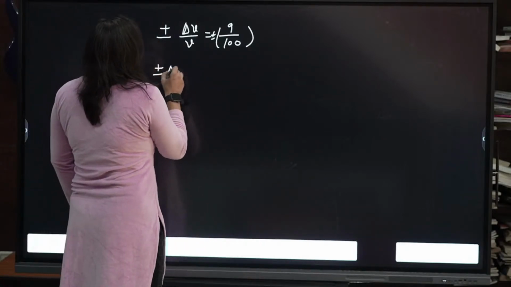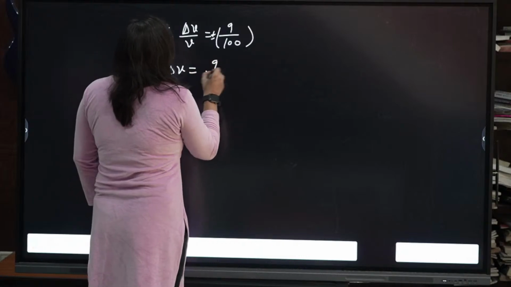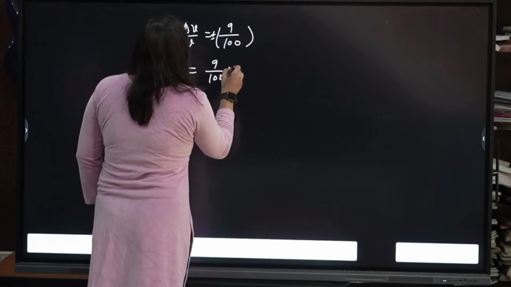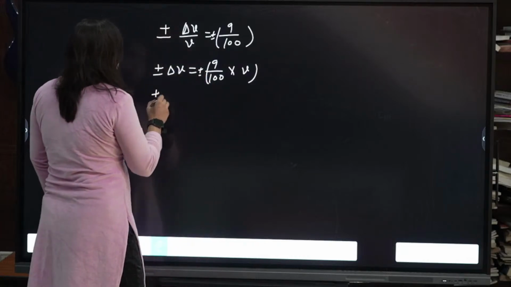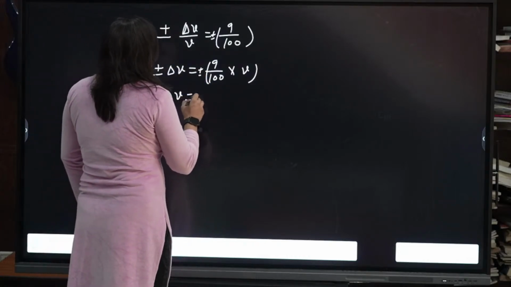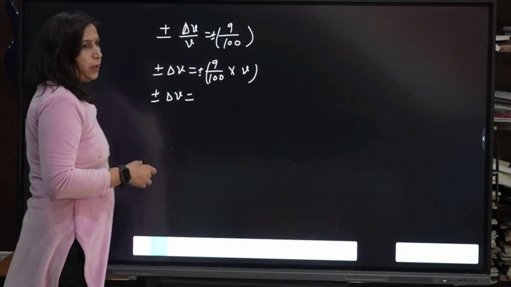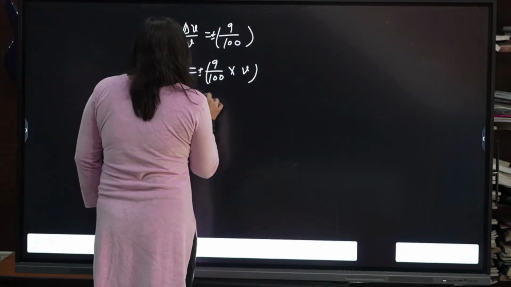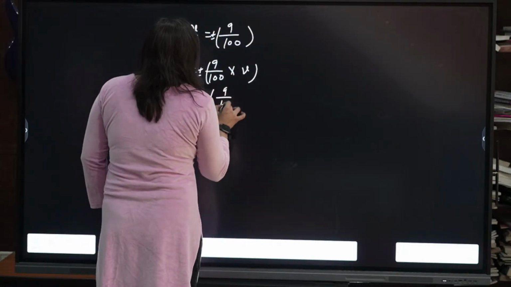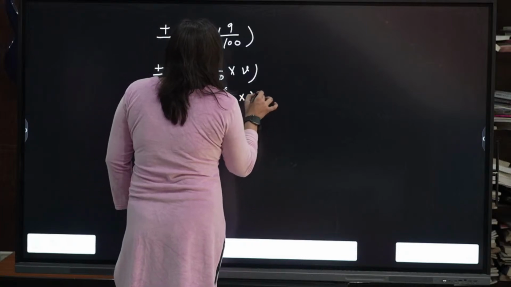Plus minus del V is equal to 9 by 100 into V. Then our value of V, 9 by 100 into 20.